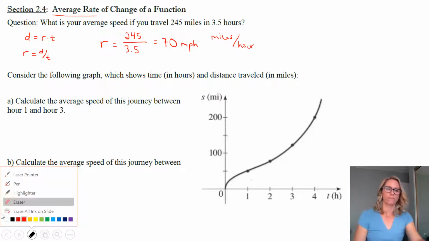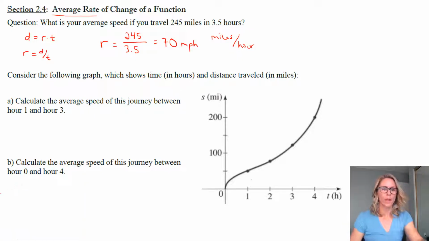And moving on. So now we have a little graph here. Notice this graph is not linear, and that means that the rate of change, the speed here, is different. However, if we want to do the average speed of a journey here, we just have to think about how far divided by how long.